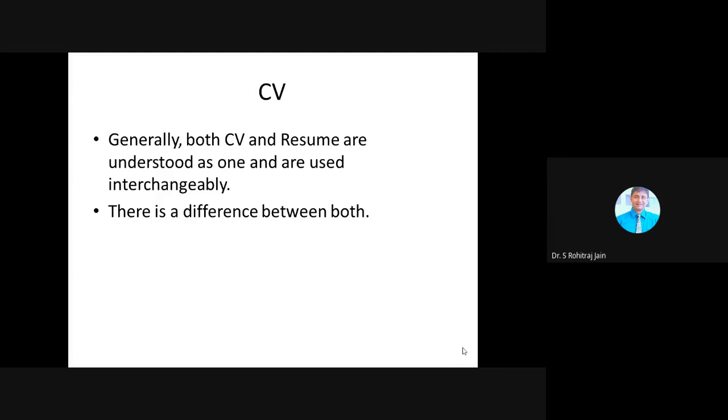A CV is a detailed document regarding one's qualification, work experience, professional skills, and special achievements, such as if you have published any research papers or attended some seminars in international conferences. While a resume is a short form. Hence, accommodating numerous details will require at least 2 to 3 pages, and that is how a CV is formed.